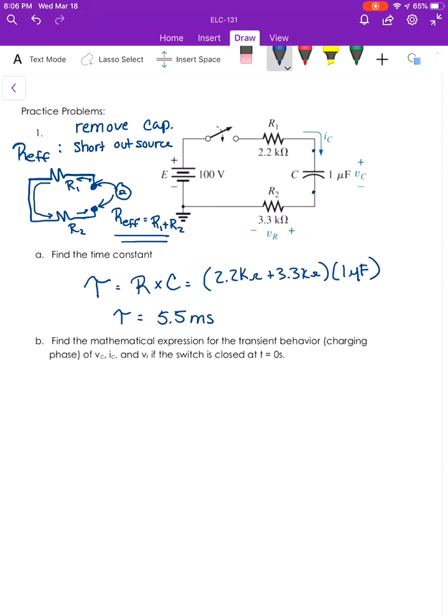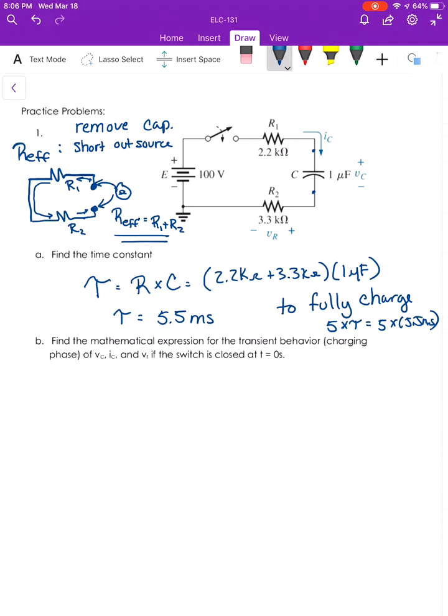Okay, is that the time it takes to fully charge that capacitor? No. To fully charge the capacitor, that's going to take us 5 times that time constant, or 5 times the 5.5 milliseconds.